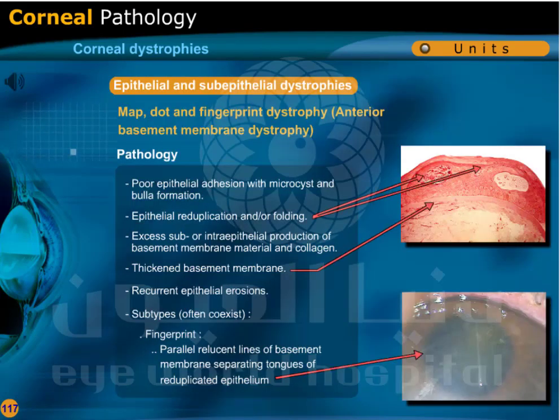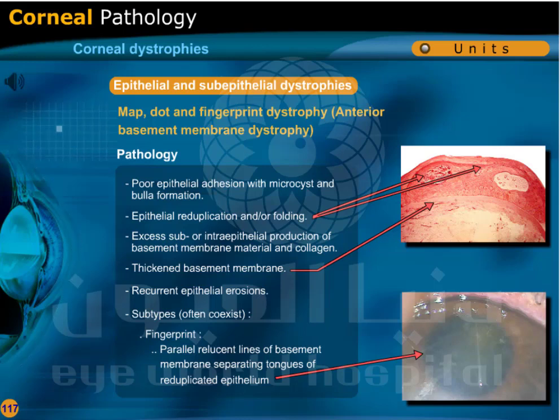There is poor epithelial adhesion with microcyst and bulla formation, epithelial reduplication and/or folding, excess sub- or intraepithelial production of basement membrane material and collagen, thickened basement membrane, recurrent epithelial erosions.